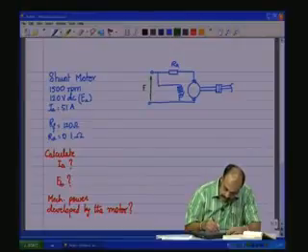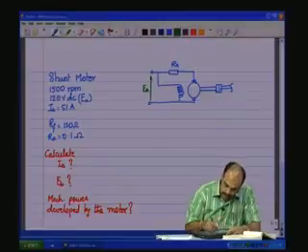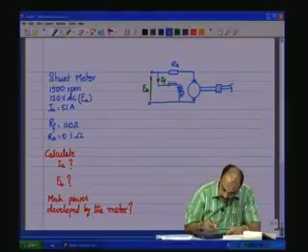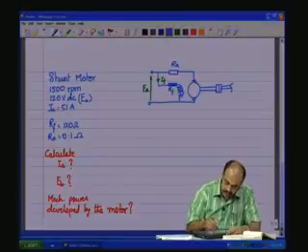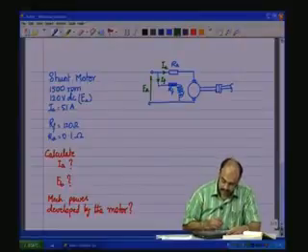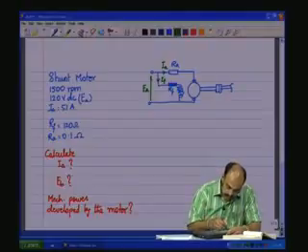We have EA which is applied here, we have IF flowing through RF, and there is IA which is flowing through the armature. Let me just make a modification.